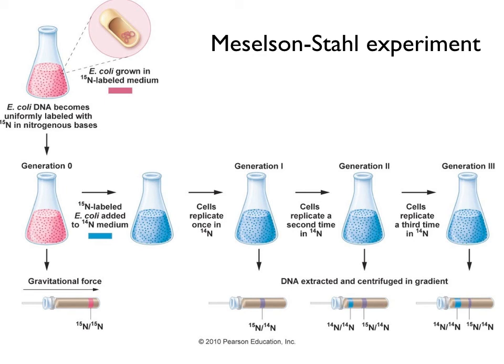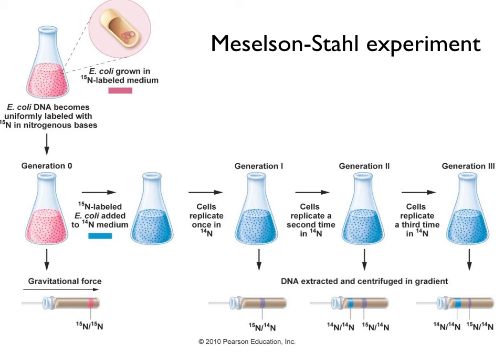And in these tubes, they put some of the DNA that they had extracted from these bacteria in each of these flasks, from generation 0, generation 1, 2, and 3. And they put that DNA in these flat vials that are going in the centrifuge, and they spin them.